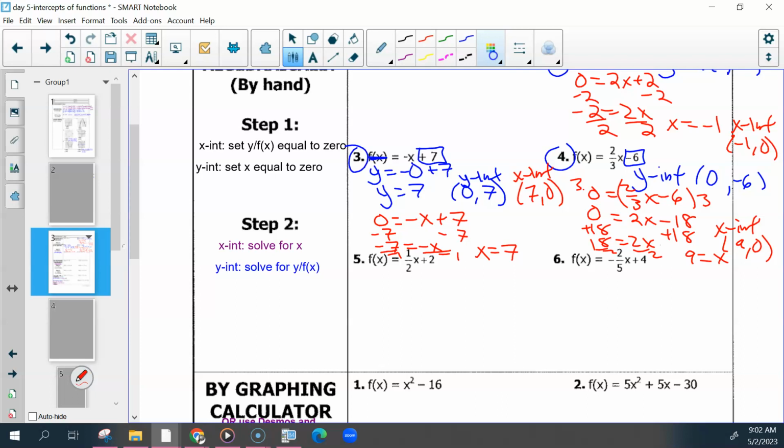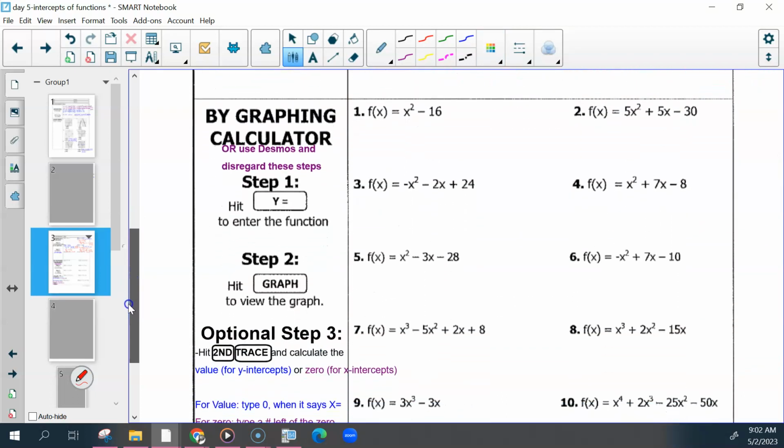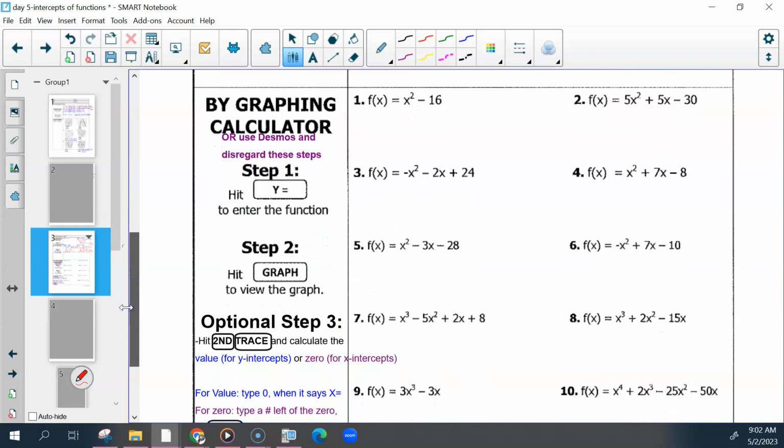Questions on how to solve it algebraically when it's in this format? The next section is if you want to find it on the calculator. Are there any we want to see from that section on the calculator? So if you want to follow along, you need your calculator.